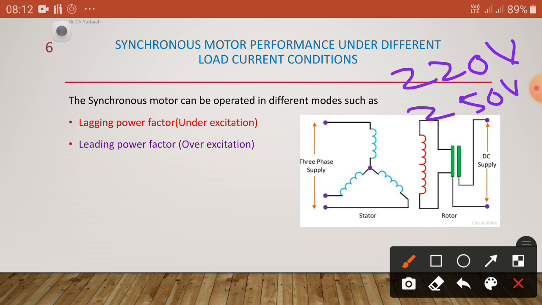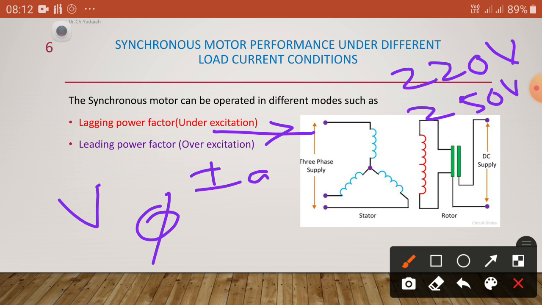At that condition, the armature current IA leads the corresponding input voltage by some angle, that is the power factor angle. This situation is known as leading power factor, over excited. The current is drawn from the supply at a leading power factor, simply by injecting the DC supply to our rotor.